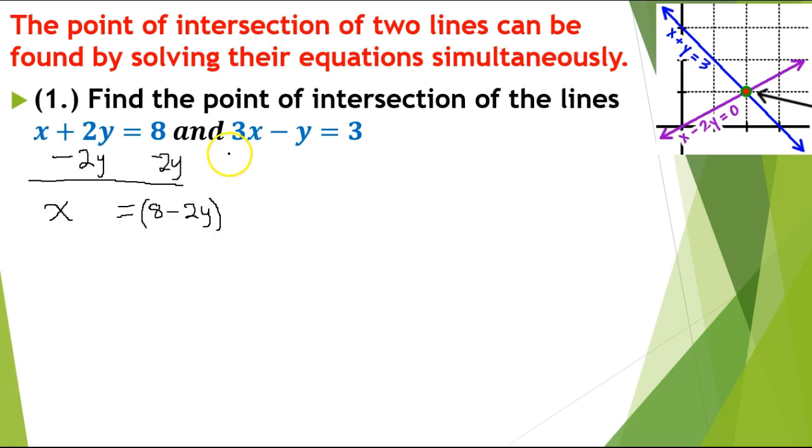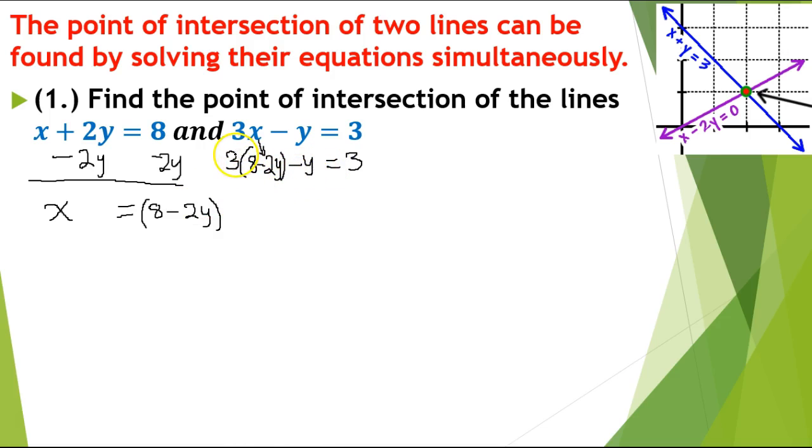We have 3 times x, and instead of x, we put 8 minus 2y. Then we close that parenthesis. And then we keep the minus y equals 3. What this does is remove one of the variables. So now we have only y in our system.